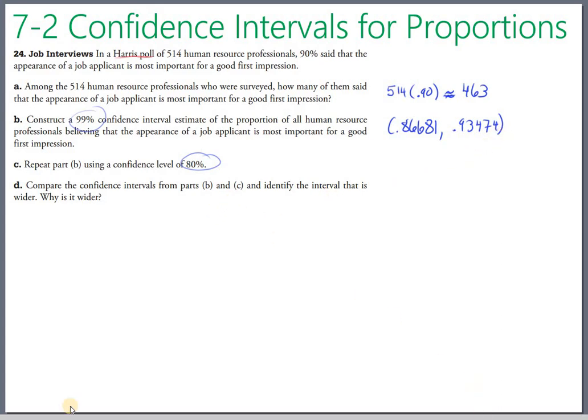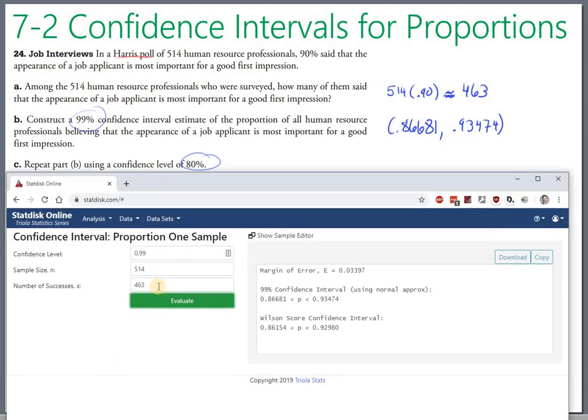So let's go ahead and do this 80% confidence interval. Same numbers, we're just going to only cover 80%. And notice now we're going like 88% to 92%. So it is a little bit tighter interval than our previous one.